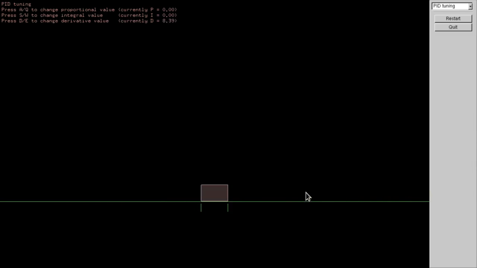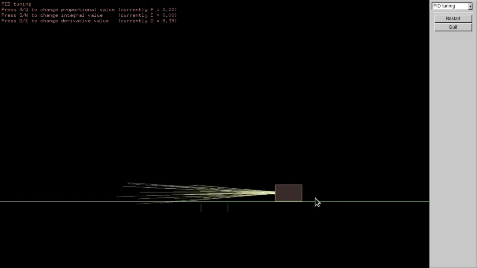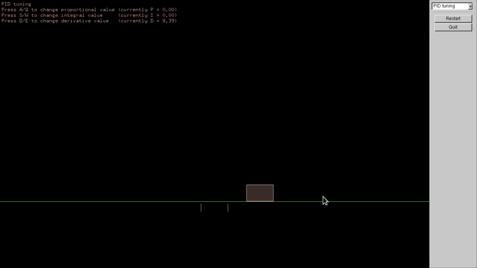Oh, it didn't really change much, did it? Now you should see, that's better. So it manages to stop it quicker. So I like to think of the D value as a brake. Damping is actually a good way to think of it too, because damping starts with D, which is kind of easy to remember, I think. So I like to think of this as a brake.